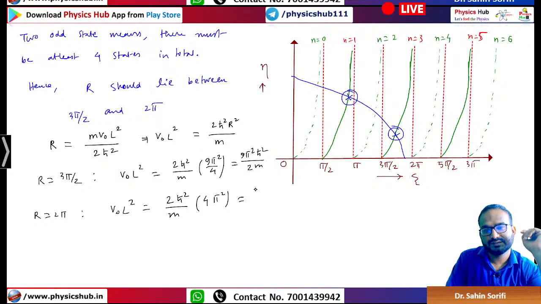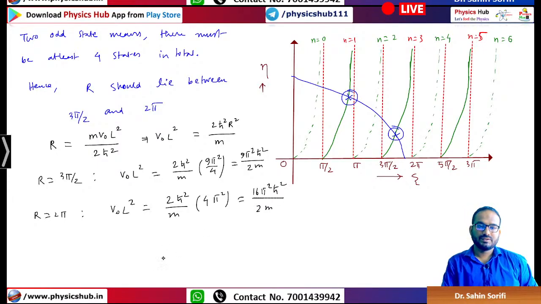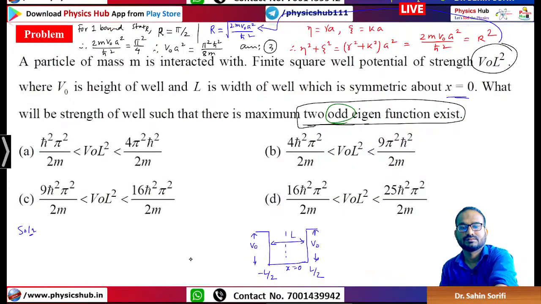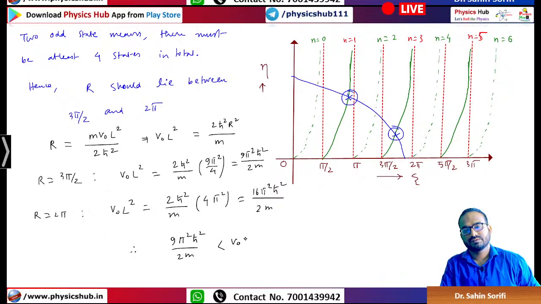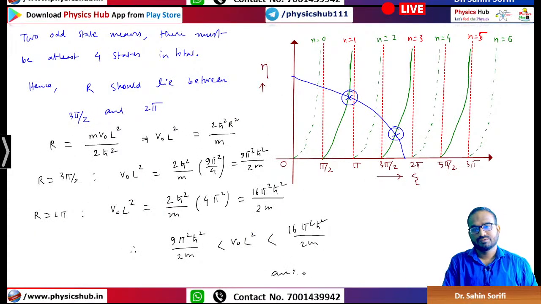If you want 2m in the denominator, you have to multiply by 2, so 8 into 2, 16 pi square h cut square by 2m. So we can say 9 pi square h cut square by 2m is less than V naught L square, which is less than 16 pi square h cut square by 2m. So this is matching with option C.